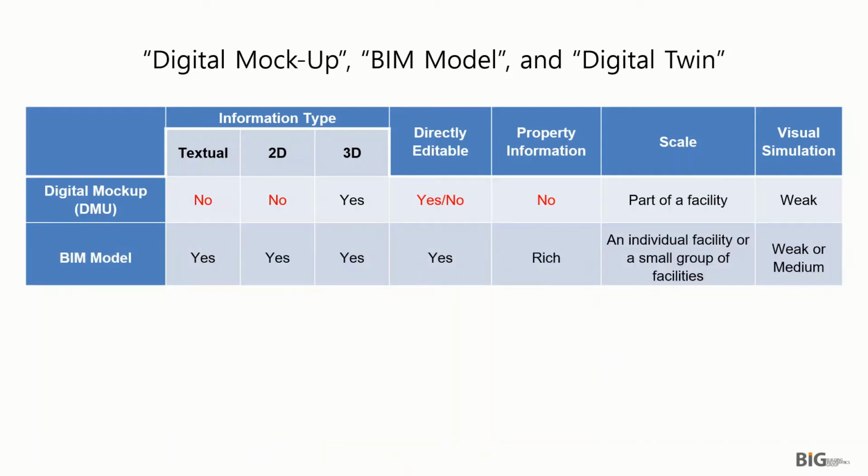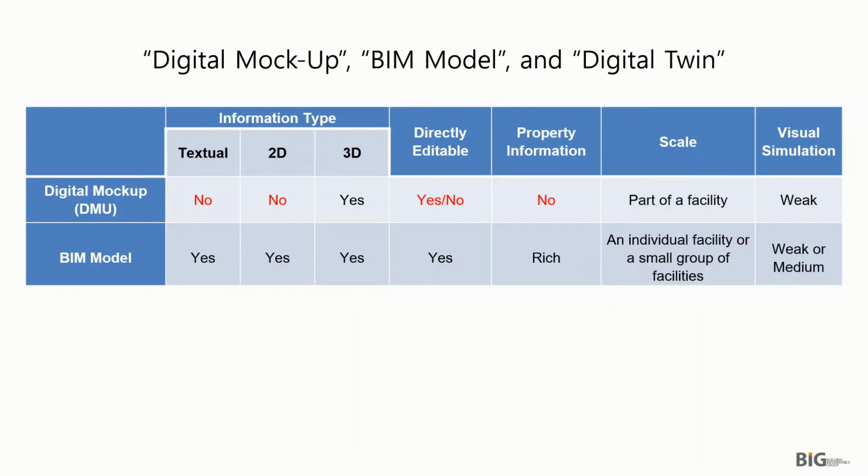BIM model: it can be text, 2D, 3D. It can be directly editable. It has a lot of rich property information. It must have some, but in terms of the target, it's usually an individual facility or a small set of facilities.